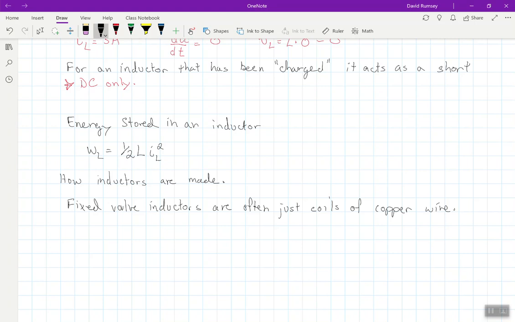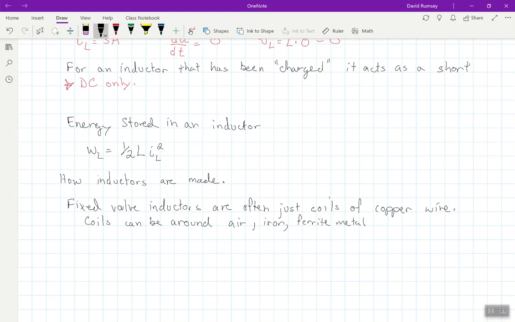And the coils can be around air, sometimes they're around iron or other ferrite metals, meaning metals that can conduct a magnetic field.